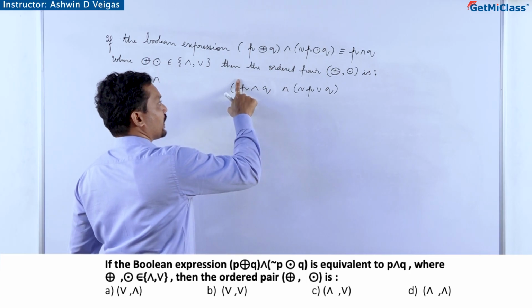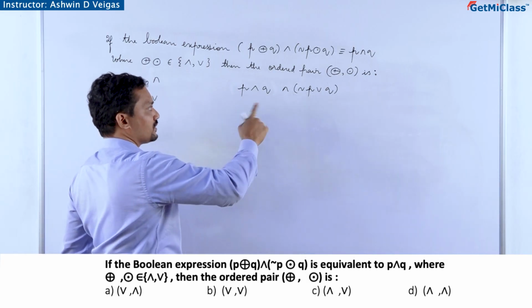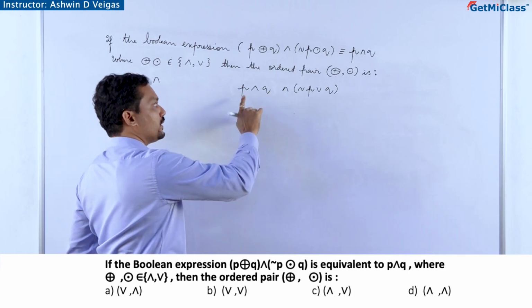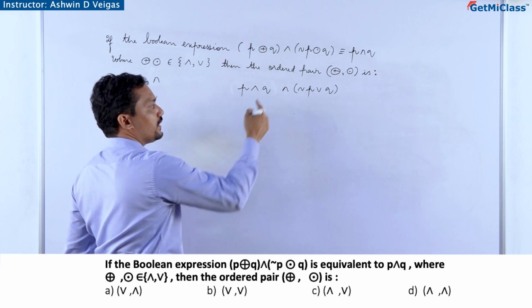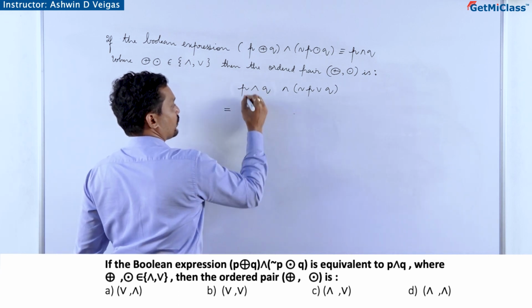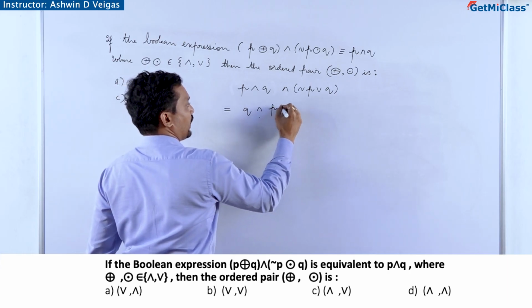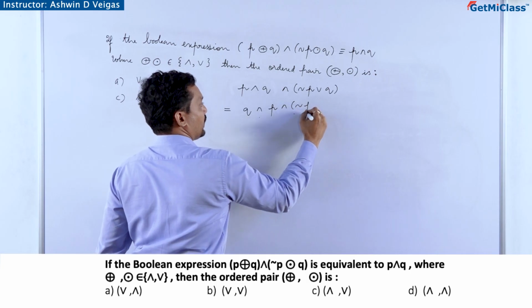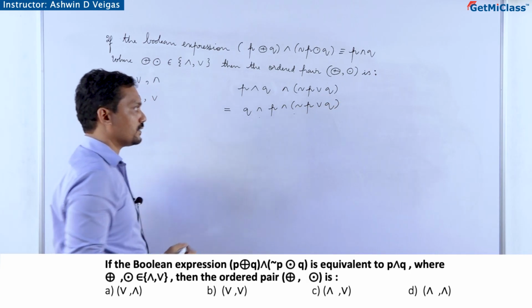So I will remove this bracket, and since there is a negation P here, I want to do some operation with negation P and P. Since this is and, this is and, the same symbol, you can interchange these. So this can be written as Q and P and negation of P or Q. You can write it like this.